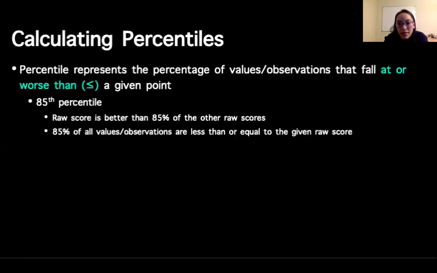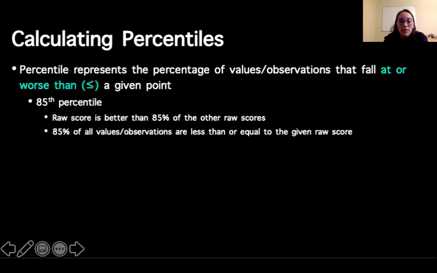Okay, so let's go into calculating percentiles. I think this part, the actual calculations themselves aren't very difficult, but a lot of times it's the wording that gets to people. So I would say in your quizzes and when we get to the exams or your activities, just make sure you're being careful with your wording.